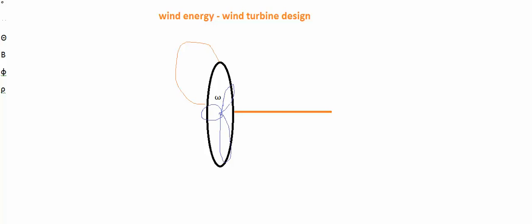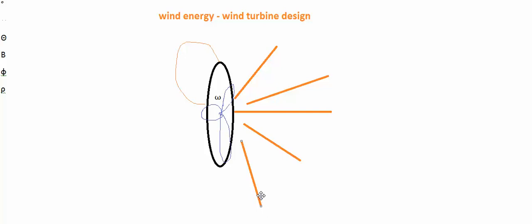Now, wind is a velocity, which means it is random in nature and it is a vector. It has a magnitude and it has a direction. So wind can come from any direction, and it could have any magnitude.